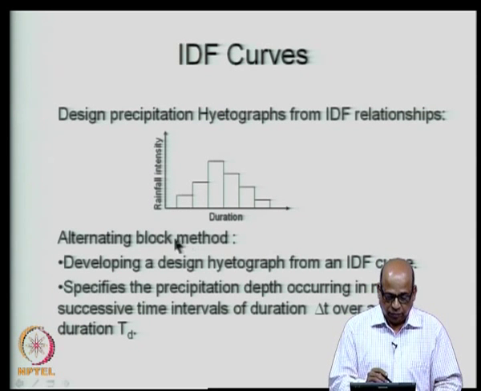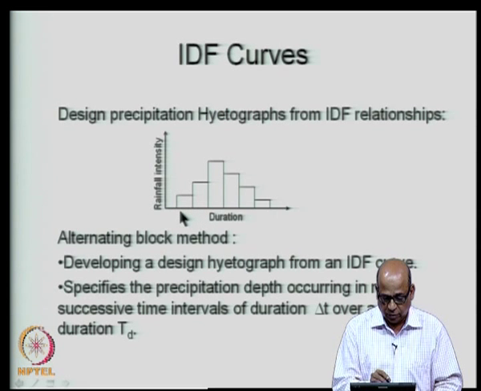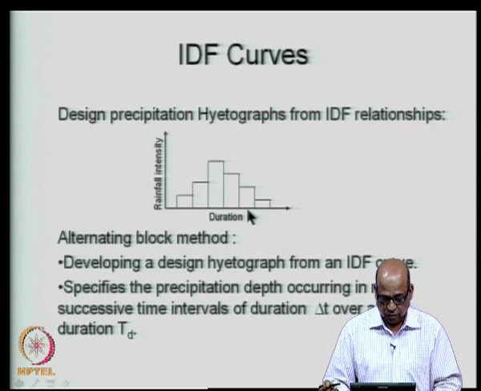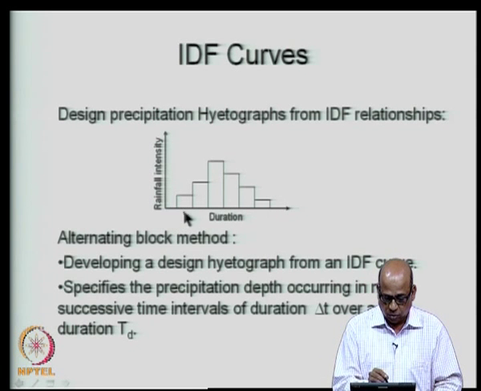It specifies the precipitation depth occurring in n successive time intervals of duration delta t each. So, let us say this is 10 minutes, this is 10 minutes, 10 minutes and so on. So, of equal intervals delta t, how the precipitation depth is distributed with respect to time, and this is the total duration of the rainfall event.